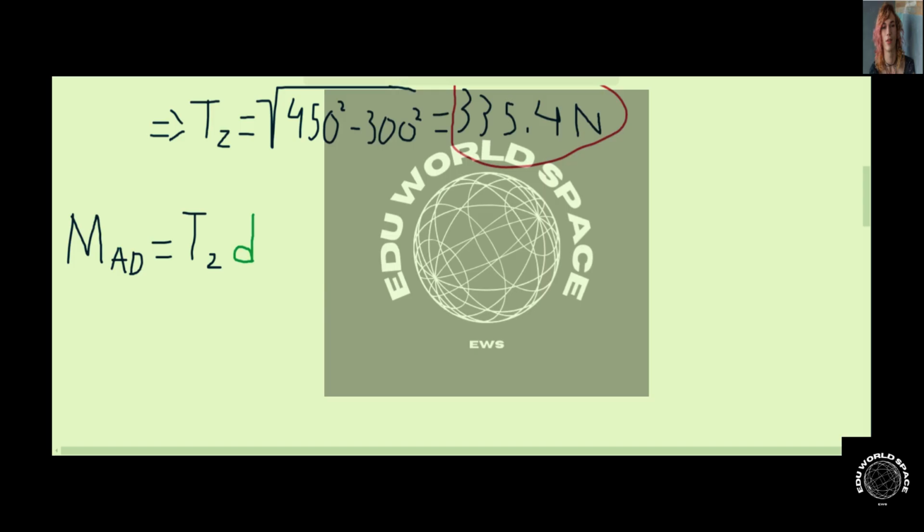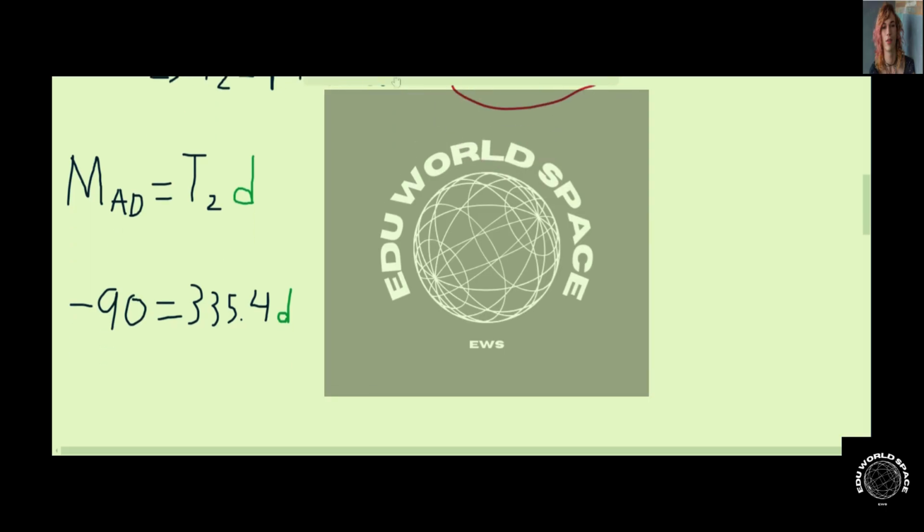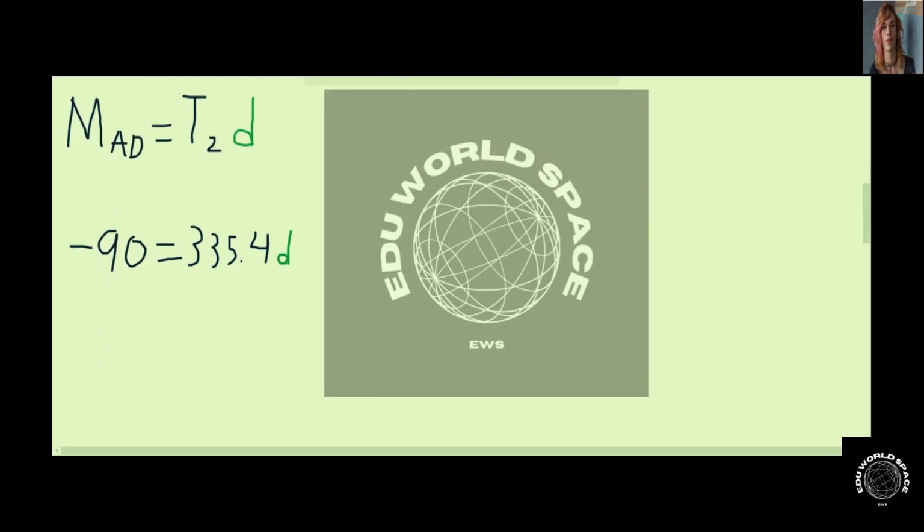So we plug in what we know. The moment was -90, and we set that equal to 335.4 times d, and then solving for d, that will give us an answer of 0.27 meters.